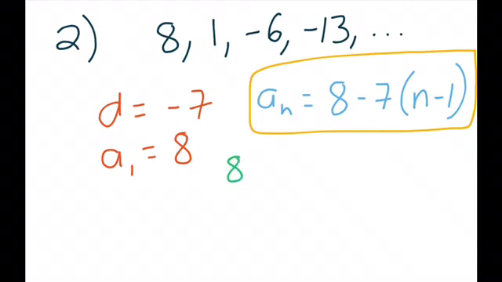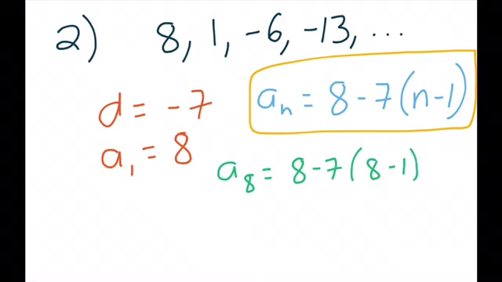So a sub, oops, sorry, wrong one there. A sub 8 equals 8 subtract 7 times 8 subtract 1. So a sub 8 equals negative 41.